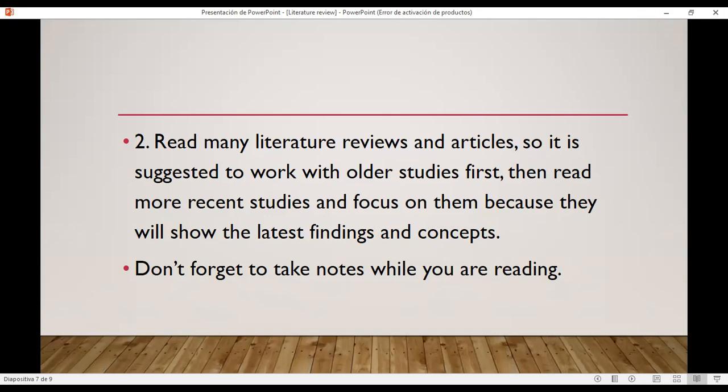And thinking about the importance, all of them are important. However, the latest studies, the latest articles are going to show us the improvements. Maybe they incorporated different strategies, technology, because of course the time is going to show some differences.